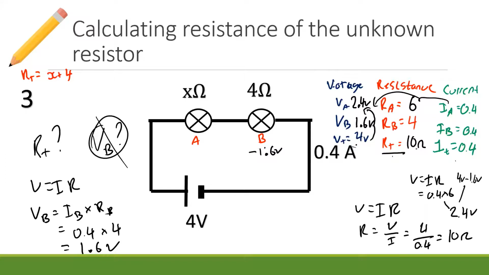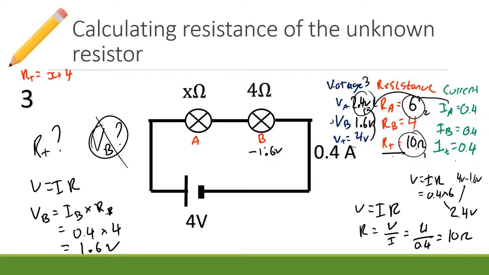And that also means, my other point as well, is that if we had worked out RT first, we could have then worked out this second, this third, and then VB fourth. It doesn't actually matter the order that you solve these in.